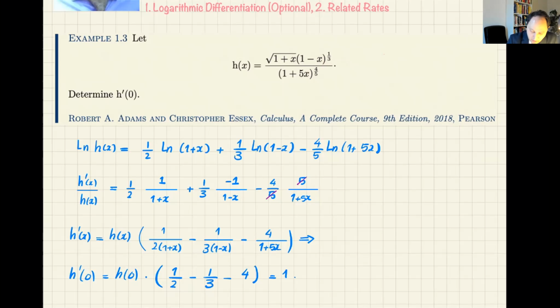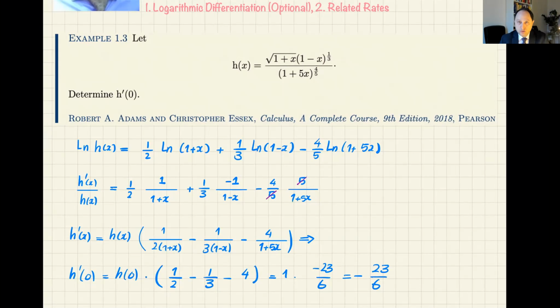And if you calculate this number using the common fraction, yes, you will get minus 23/6, and then you are done. So you see, this is horrible if you want to calculate this using the product and the chain rule. But I really recommend you to be able to do that, because this also will teach you a lot to improve your skills in differentiation.